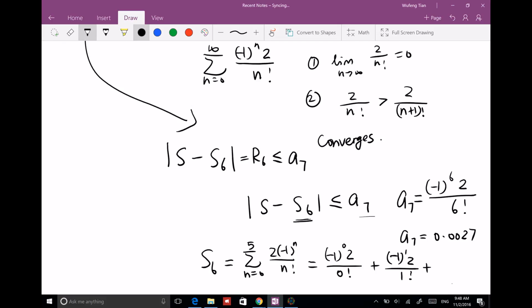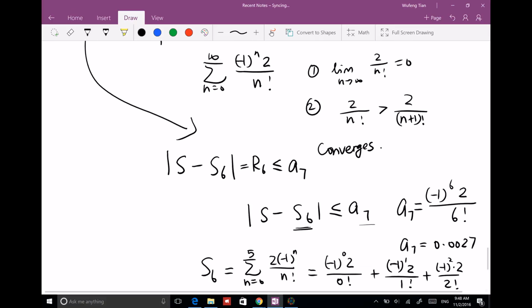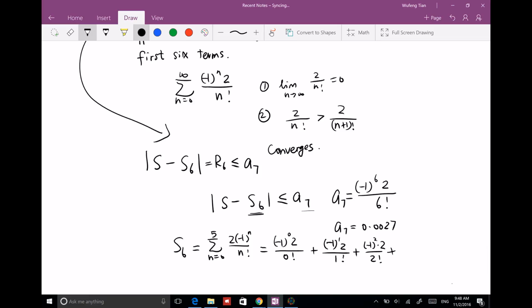Third term, negative 1 squared times 2 over 2 factorial. Fourth term, negative 1 to power 3 times 2 over 3 factorial. Fifth term is 4 factorial, negative 1 to the 4 times 2. Sixth term is 5 factorial, and negative 1 to power 5 times 2. So I can find the first, second, third, fourth, fifth, sixth terms, and add all 6 terms together.